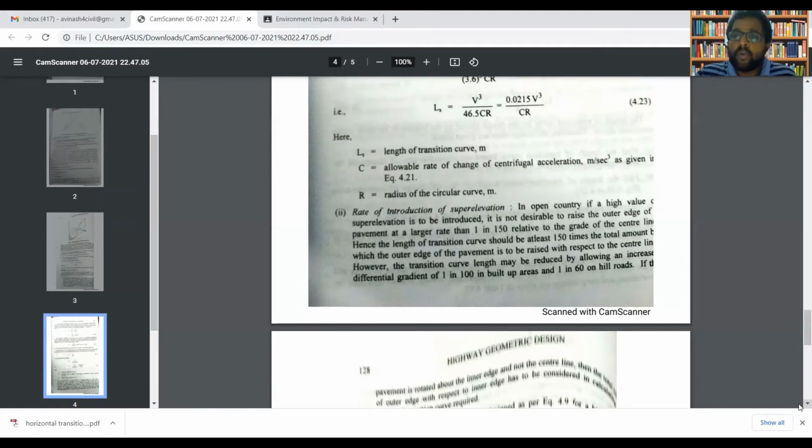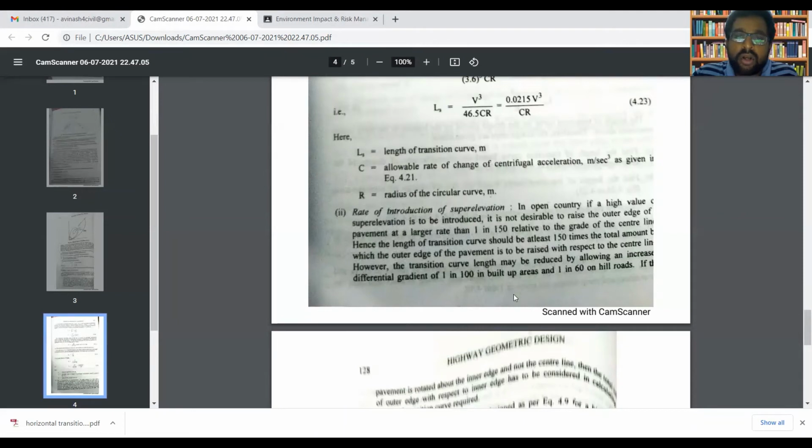In case of open country, when a high value of super elevation needs to be introduced, it is not desirable to raise the outer edge of the pavement, though normally the best method to introduce super elevation is to raise the outer edge. So the length of transition curve should be at least 150 times the total amount by which the outer edge of the pavement is to be raised.